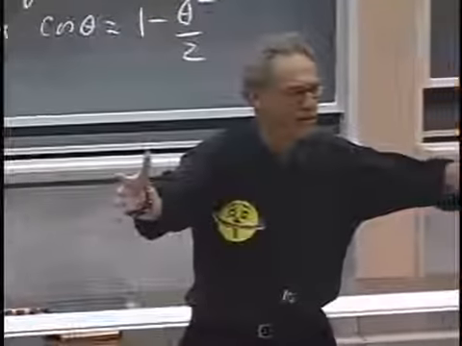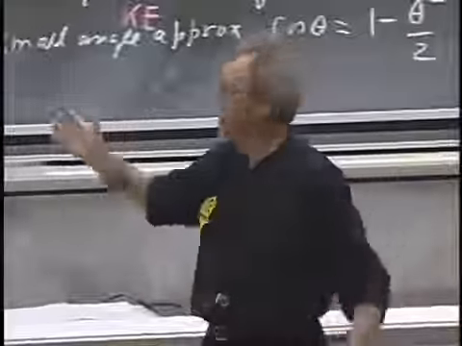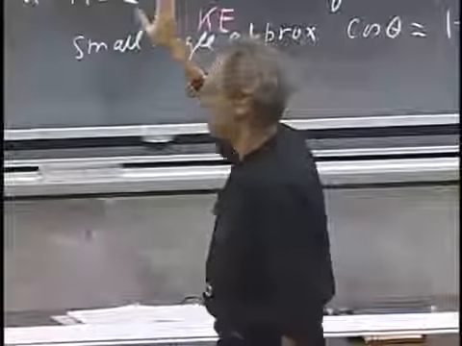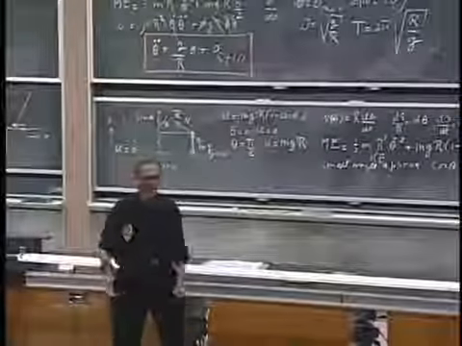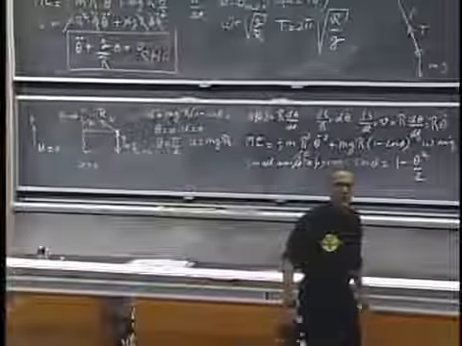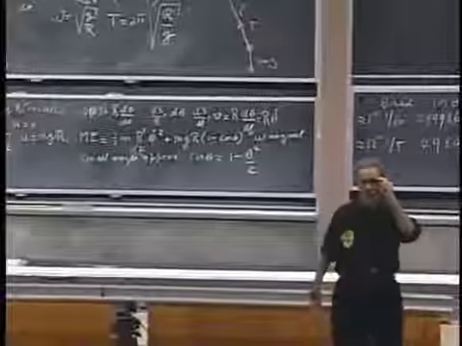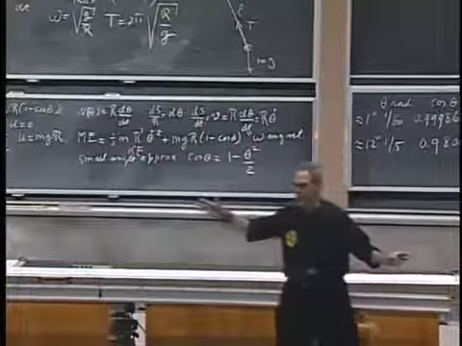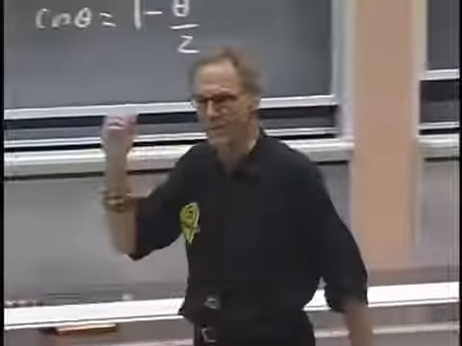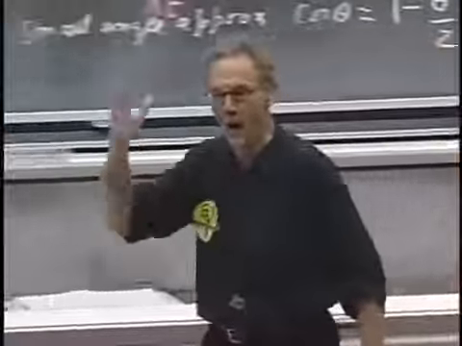What is the answer? Is the tension doing any work? And in the case of my circular track, is perhaps the normal force doing any work? What is the answer? I want to hear it loud and clear. No. Why is it no? Why is it not doing any work? Because what? Exactly. You got it.